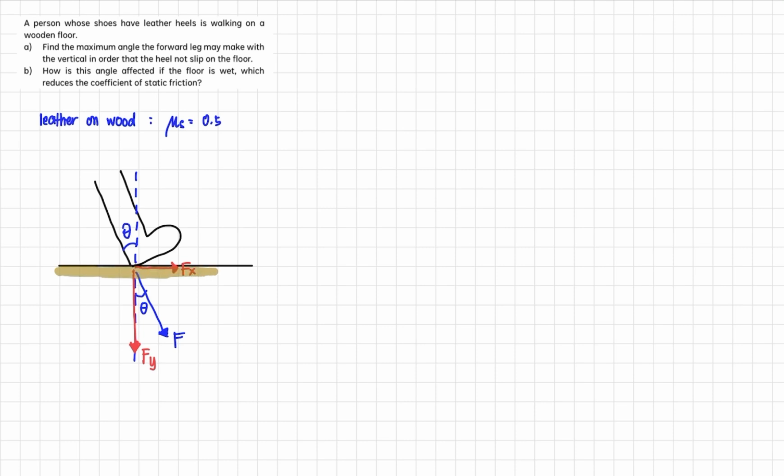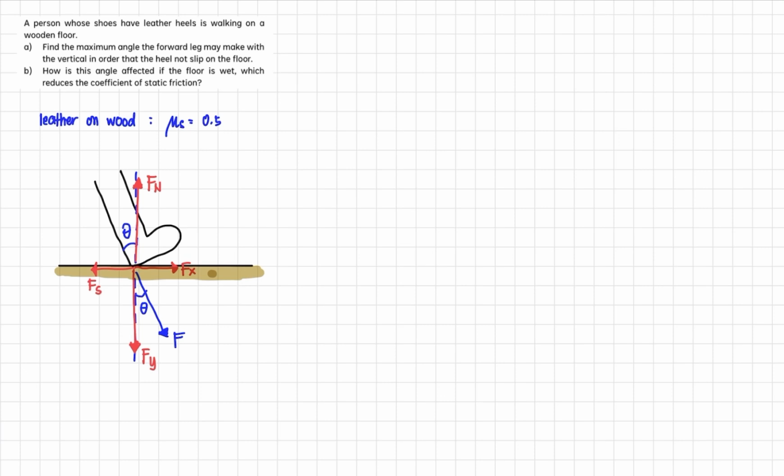The surface is horizontal, and the normal force is perpendicular to the surface, which means that the normal force is opposite Fy. So the normal force is directed upward, this is our Fn. And there is a frictional force, the static friction, directed towards the left, Fs.